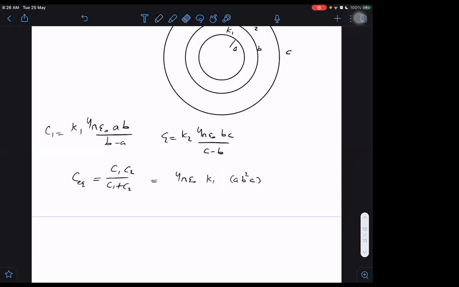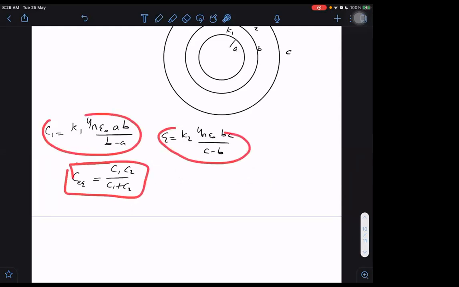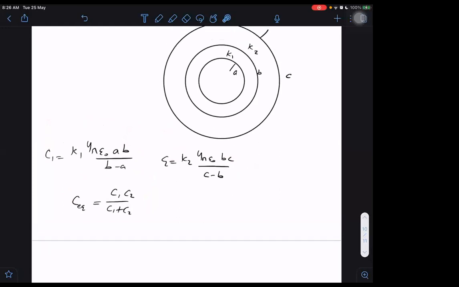Wait, it will be complicated, find out what it will be. Anyway, that is just calculations we can do. This is what we have to do. First we write C1, then C2, and then C equivalent. They will be in series with each other. Is it okay?